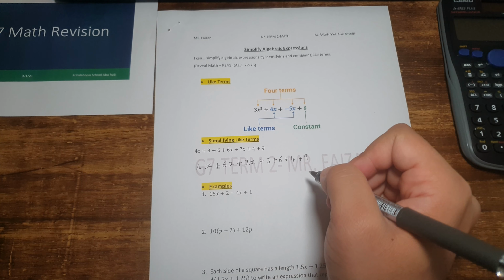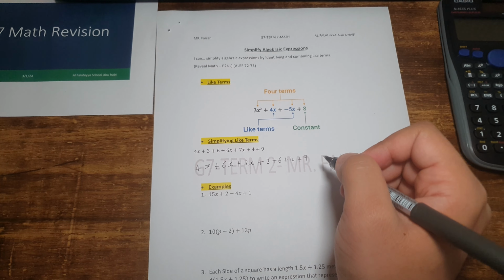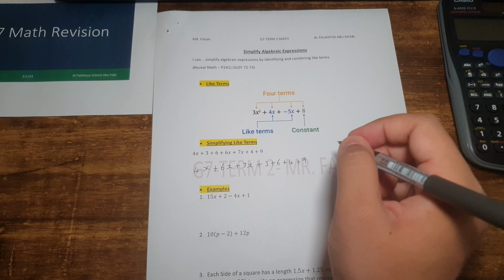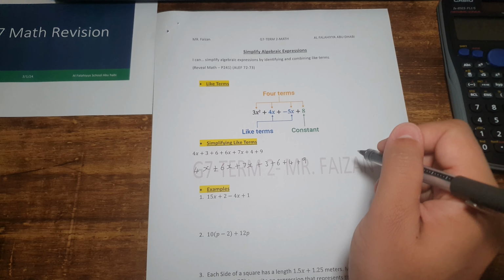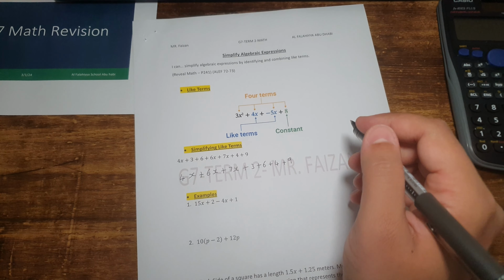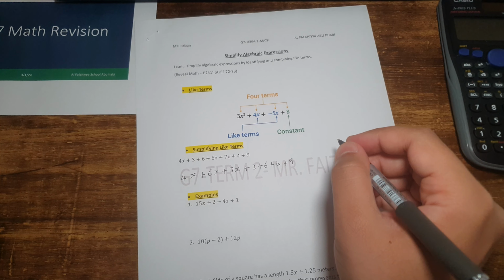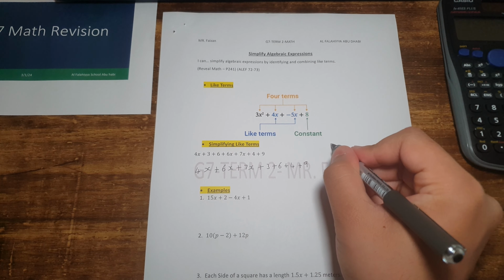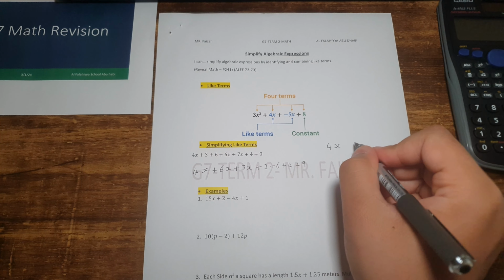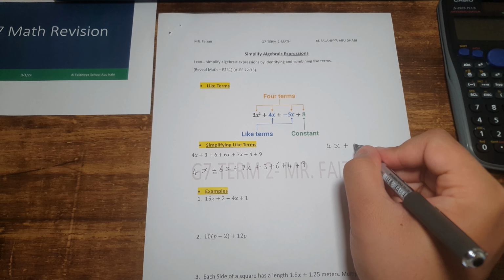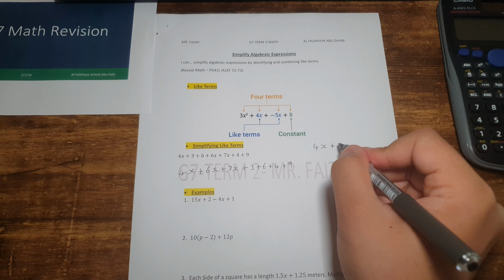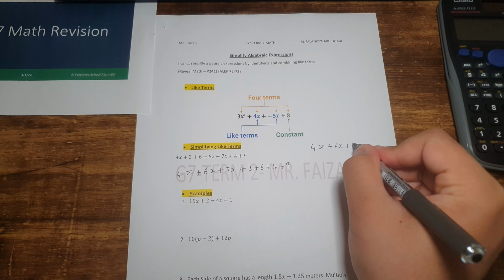So these are all the different terms that we have. To make it clear, let me just write down, because there's a watermark in the middle of the page. So we have 4x plus 6x plus 7x.